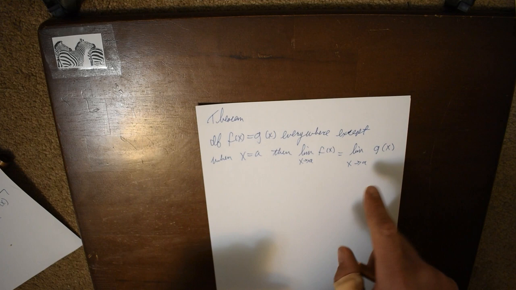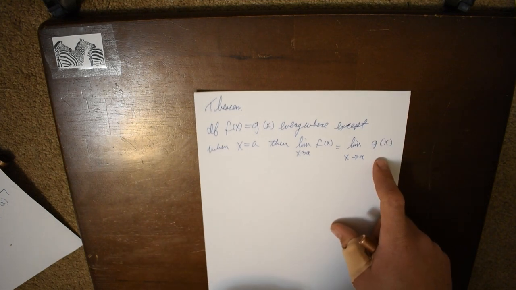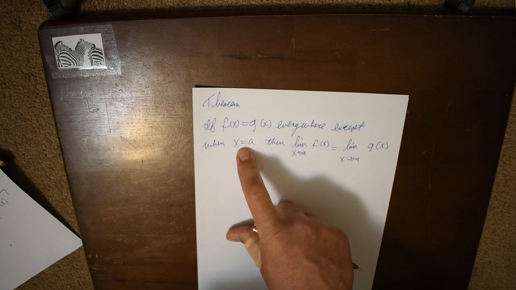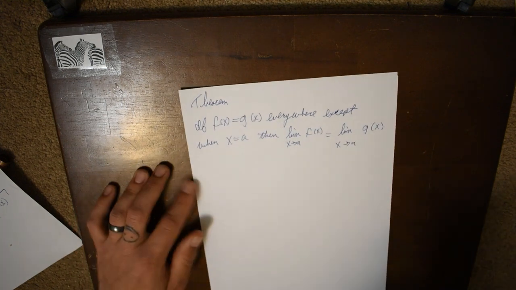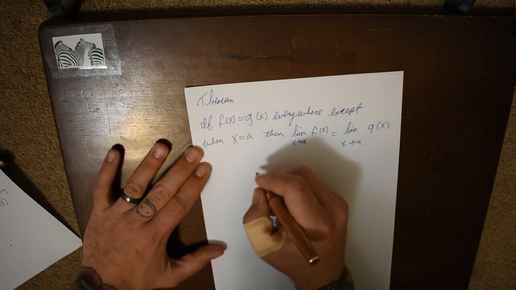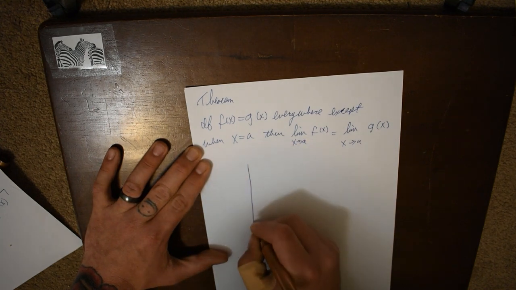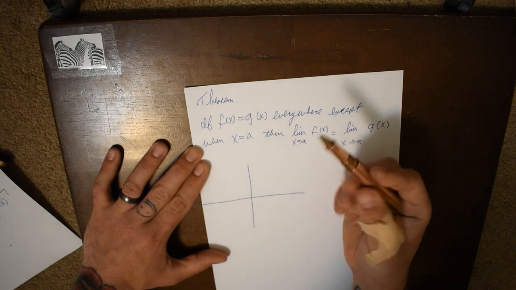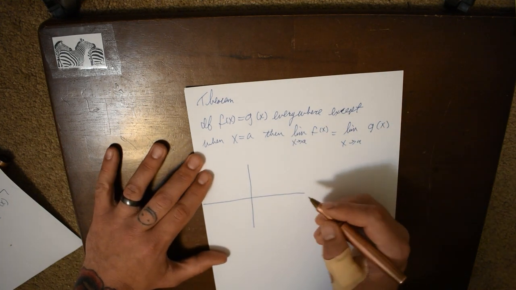So we have these two functions, f of x and g of x. They are exactly the same everywhere except for at one point. Let's draw a picture of this. With my pen, I'm going to draw f of x.